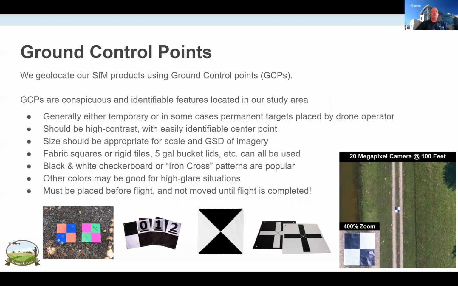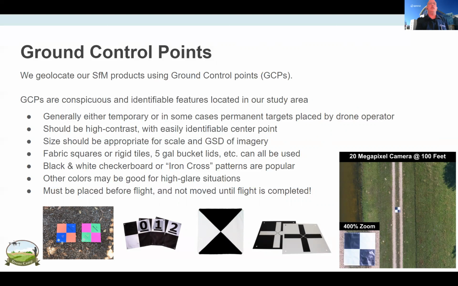When it comes to ground control points, the best way we can make our mapping efforts more precise and better 3D models and better orthomosaics is to geolocate our products using ground control points. And typically for ground control points, we use conspicuous and identifiable features in our study area, and most of the time those are things that we put out ourselves.